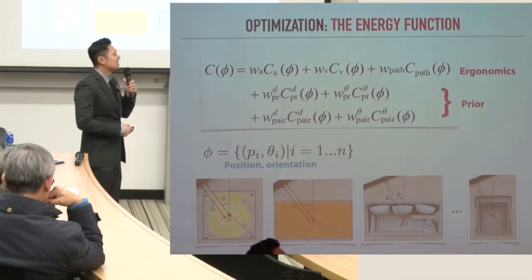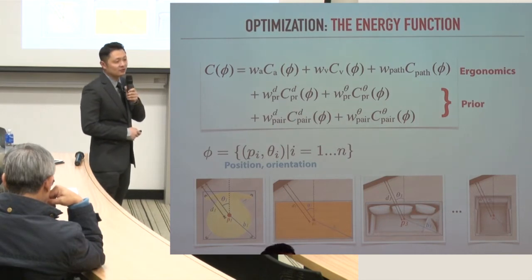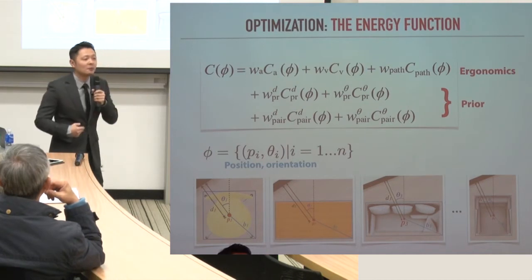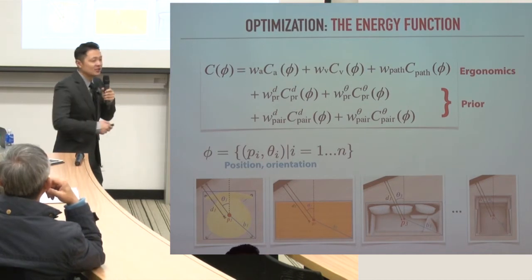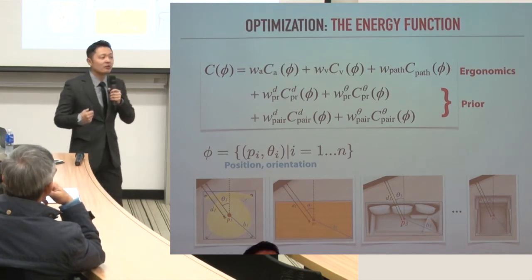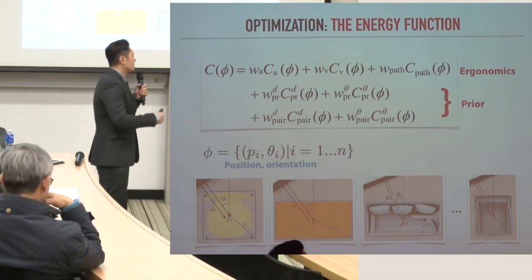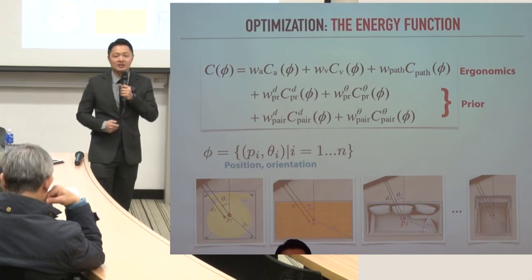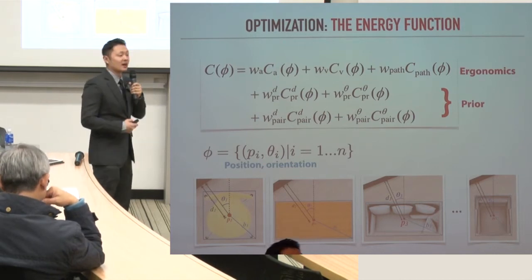Putting these cost terms together, we have the optimization energy function, and what we are optimizing is the position and orientation of all the furniture objects. If all of them are properly positioned and oriented, we should have our desired interior design.